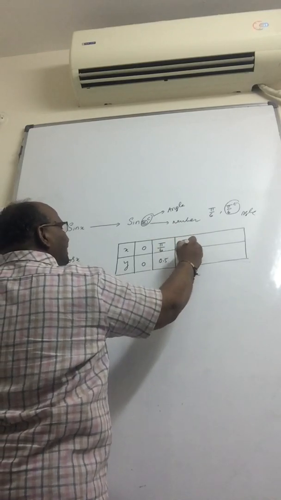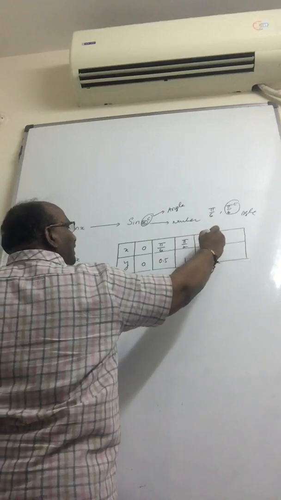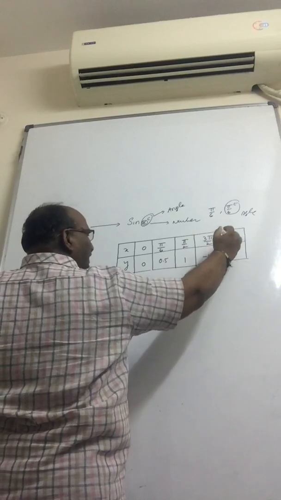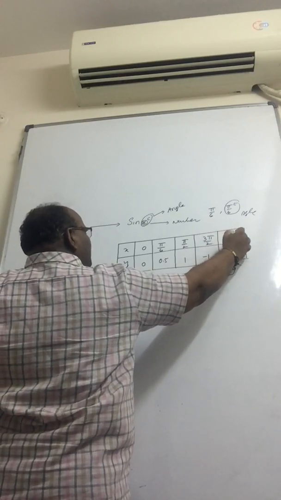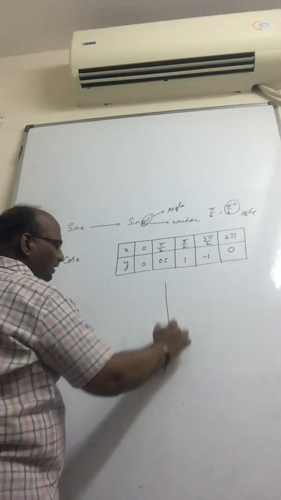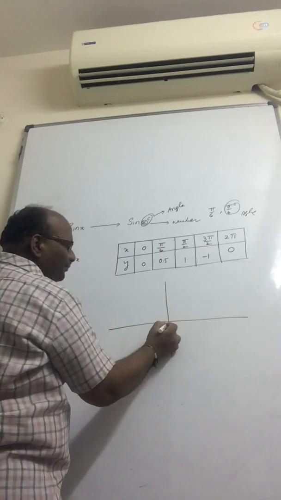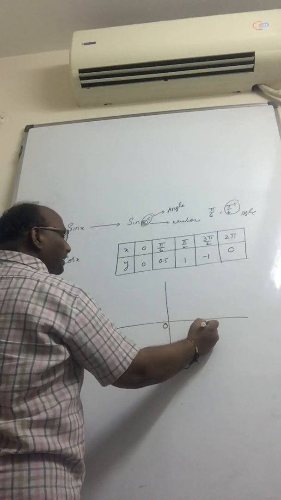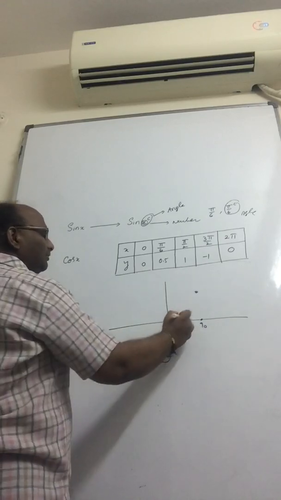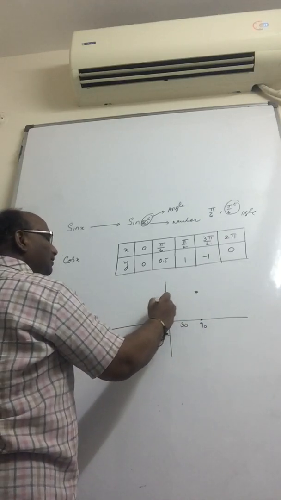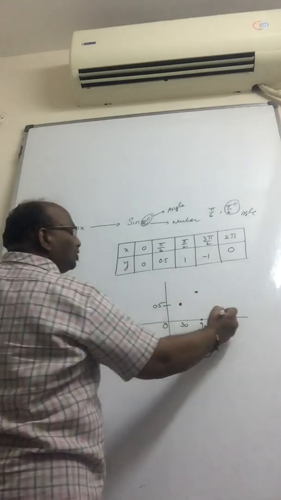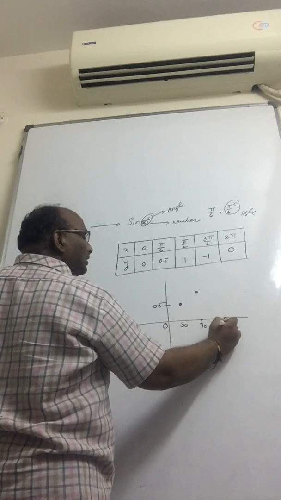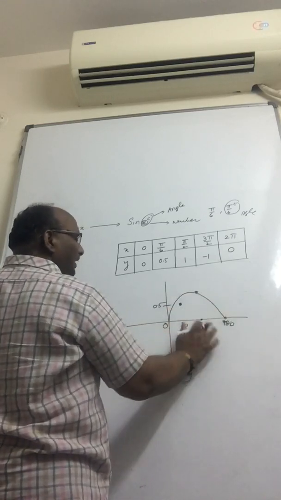For 90 it is 1. For 270 it is -1. For 360 it is 0. Here if you take 0, for 90 it is 1, for 30 it is 0.5, for 180 it is 0, and the graph will be like this.